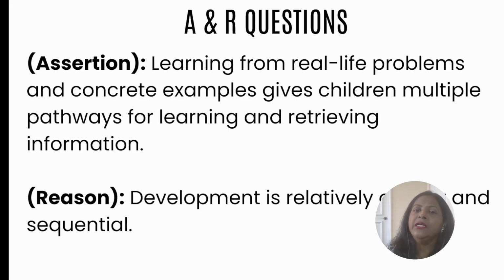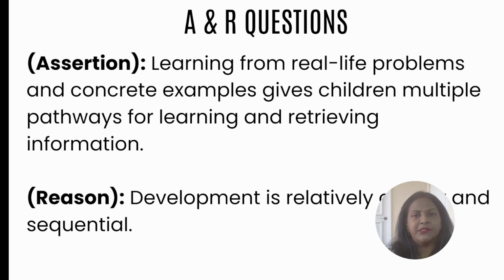Let's look at another question. Assertion: learning comes from real life problems, and concrete examples give children multiple pathways for learning and retrieving information. Now, this is true, because when we learn, we need real life problems that they have faced. Concrete examples will help them, and they will be able to get multiple pathways for learning and retrieving. So, very true, the assertion is. The reason they have given is that development is relatively orderly and sequential.